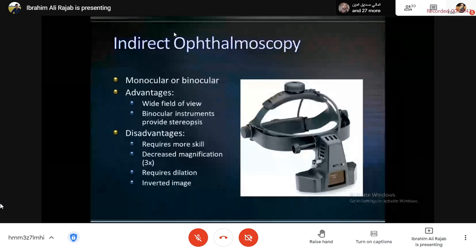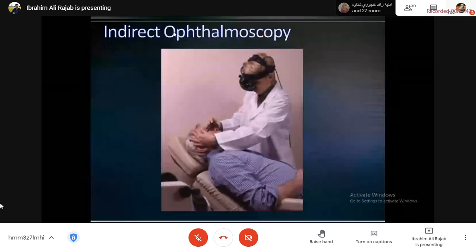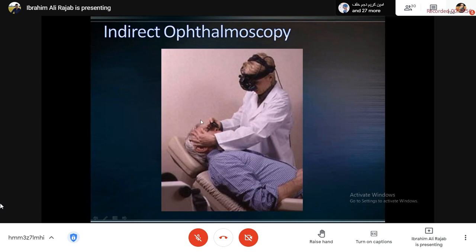We use an additional lens, we will see later on. This is the lens held by the hand of the examiner in front of the eye of the patient to form an image by this condensing lens between the examiner and the lens, to be observed by the examiner.